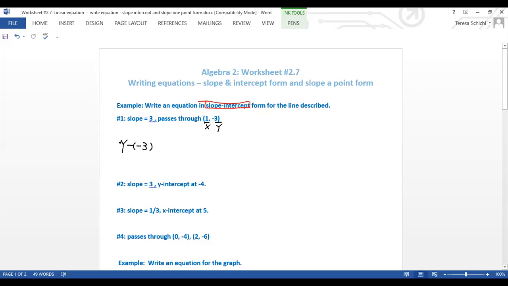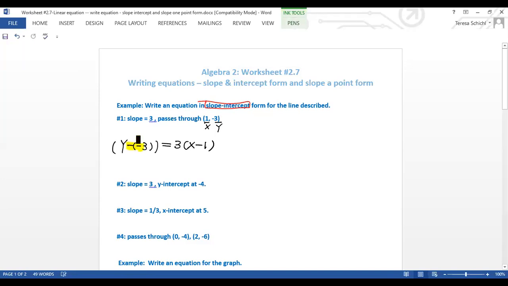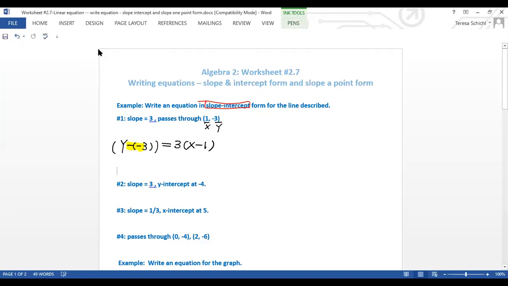This is where sometimes people make a mistake. So this is 3 times x minus 1 here, right? This is the important part, make sure you write it with a parenthesis around. Now this y minus a negative is what? Positive, right? So it's y plus 3. Now here, what type of property am I using?